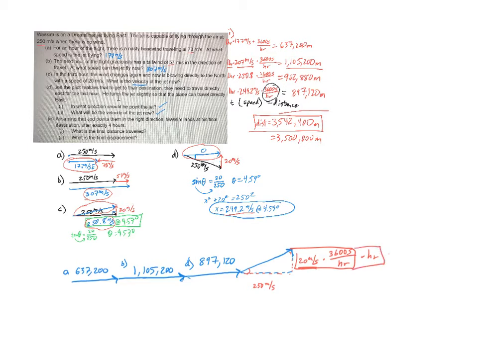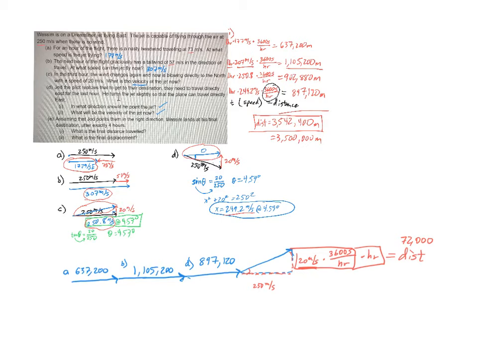Speed times time equals distance, and what it's going to give me is that vertical distance there. Okay, so I go 20 times 3600 and I get a vertical displacement of 72,000. And then I do the same thing right here with the horizontal, which is going to be 250 times 3,600.